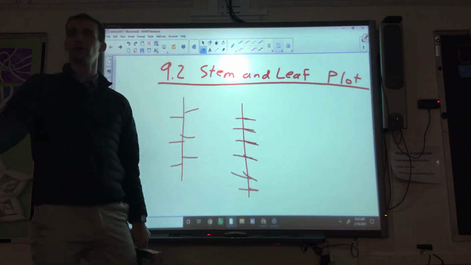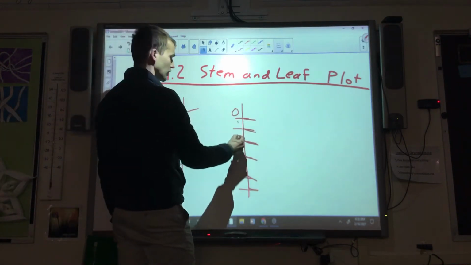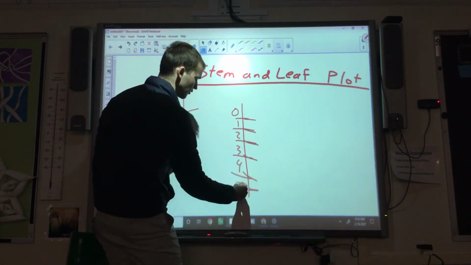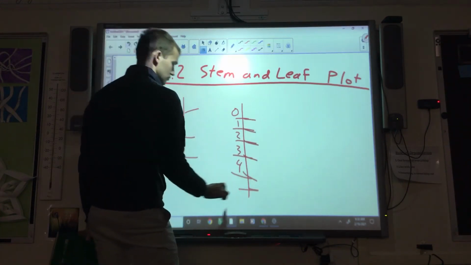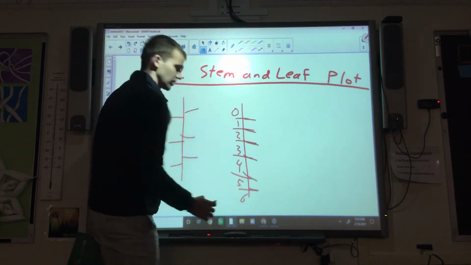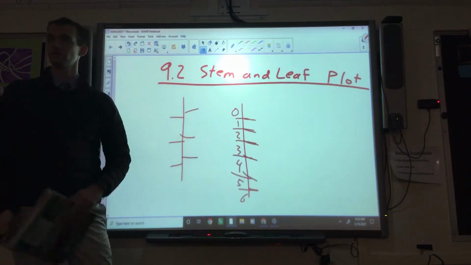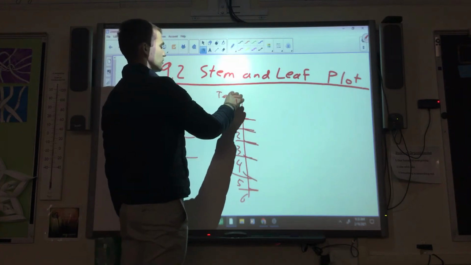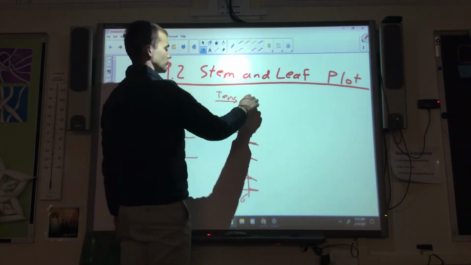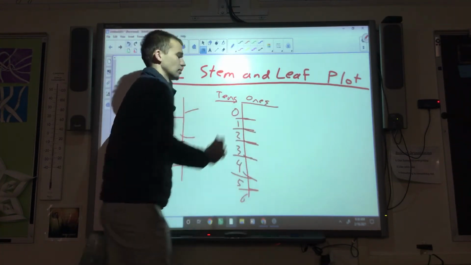Instead of numbering them out one by one, you go 0, 1, 2, 3, 4, 5, 6, and you can keep on going further if you want. This is the tens place, and this is the ones place.